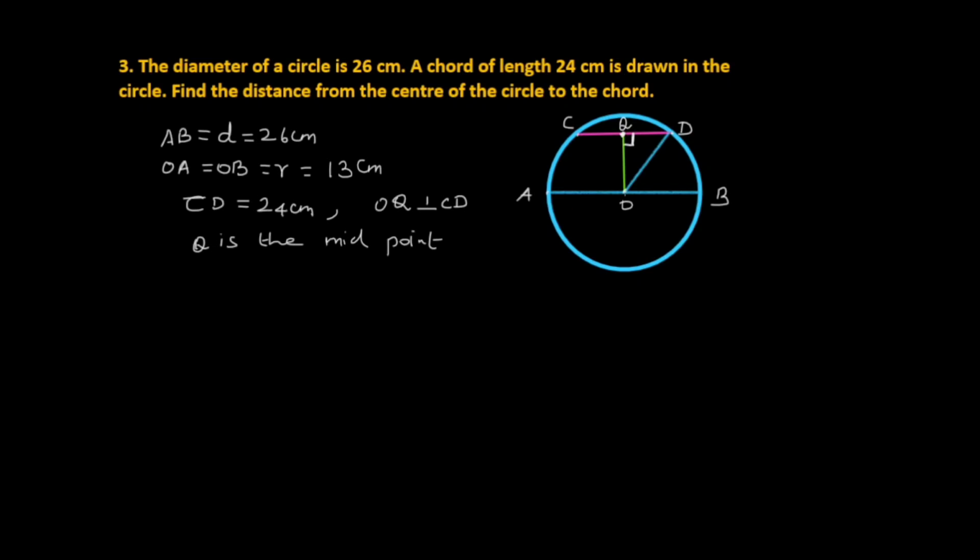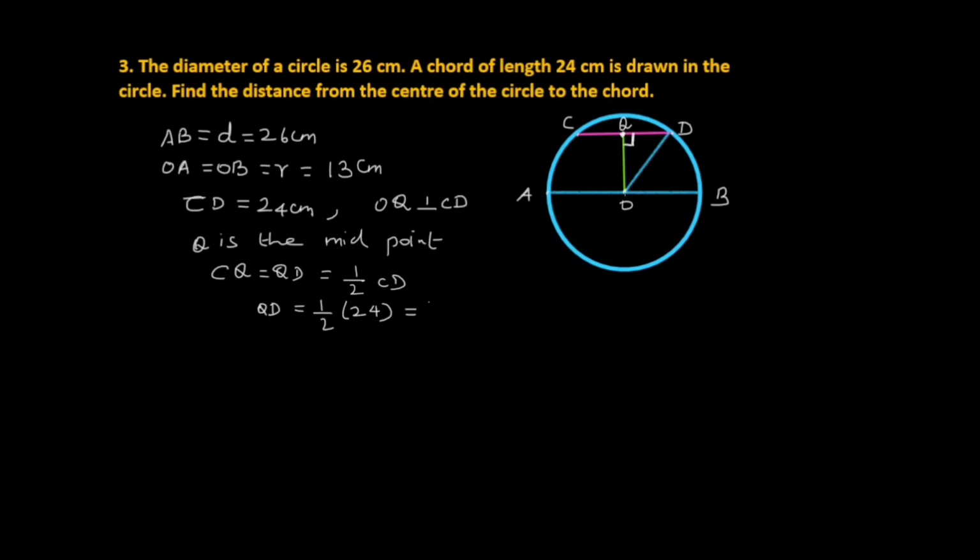So when a line is perpendicular from the center to a chord, it divides the chord into two equal parts. So Q is the midpoint. CQ is equal to QD is equal to half of CD. So the length of QD is equal to half of CD. CD length is 24 centimeter.